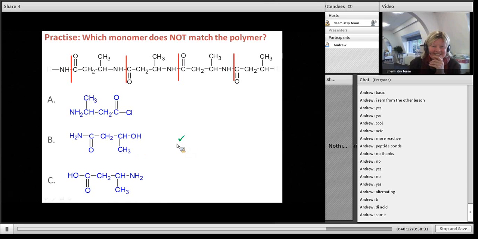Because can you see, this cannot form this polymer. Because if this NH, if I reacted it with an OH, I would get an ester link and not a peptide link. Does that make sense?